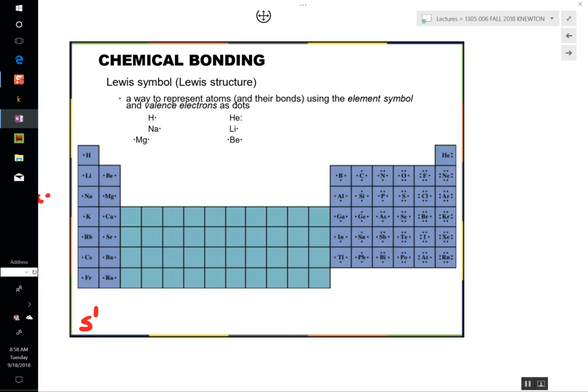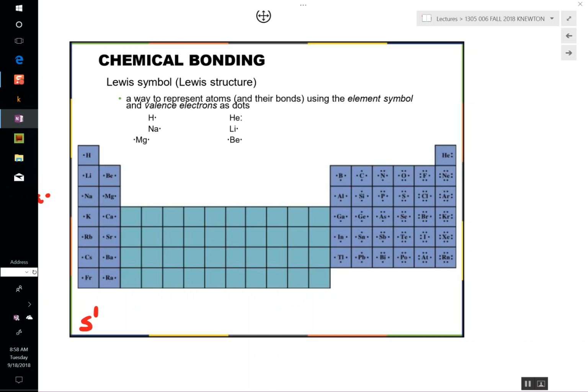These all end in s2, you know, 3s2, 4s2, 5s2, 6s2, 7s2, so they have 2 dots. Aluminum we saw a minute ago was 3s2, 3p1.